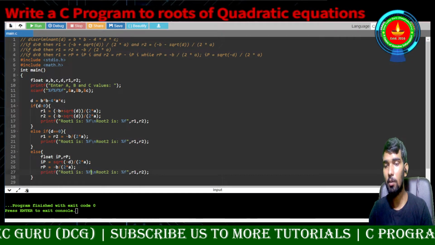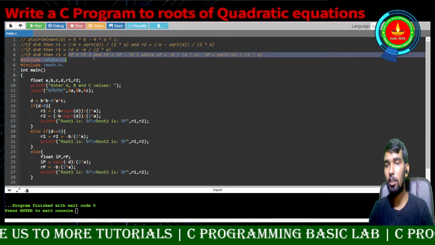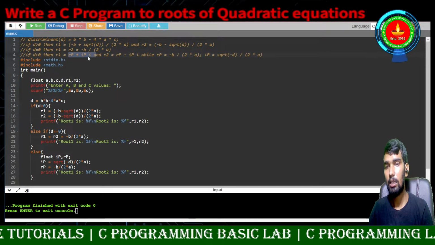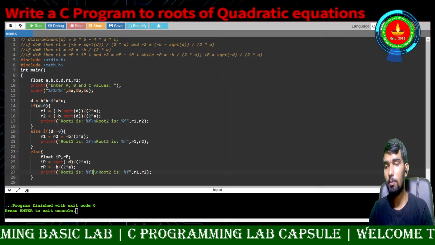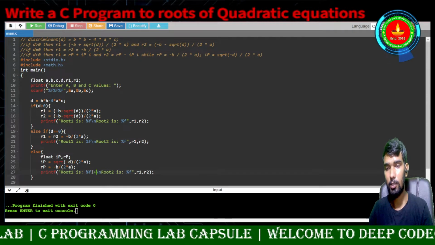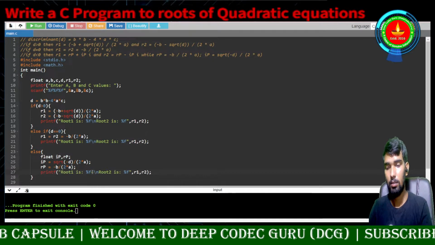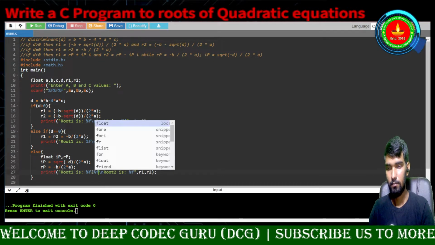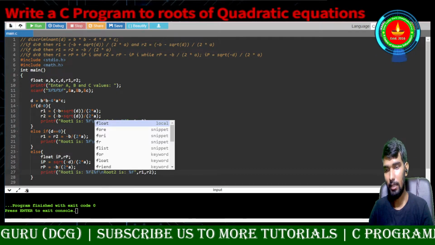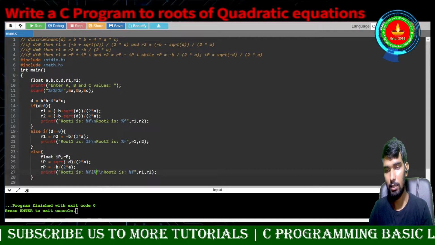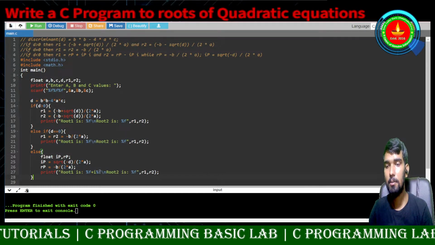Root 1 will be how much? Root 1 I have already mentioned here. So real part plus imaginary part i. What will be the real part? So %f will be the real part. So there will be percentile f and percentile f for the imaginary part, and there will be the i value we will mention. When we mention the i value here, it will look better.